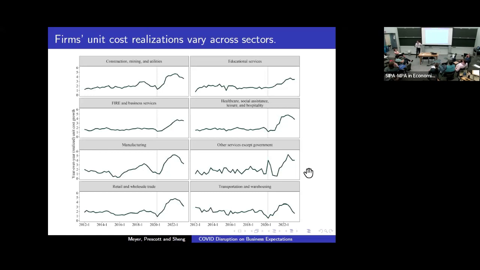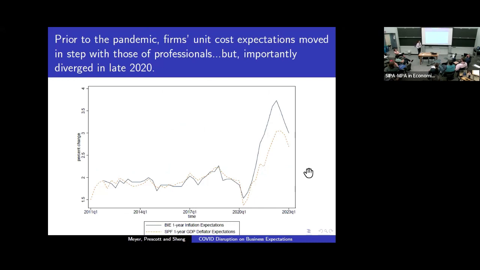So this is in terms of perception over the last 12 months. Then we move to the year-ahead expectations. You see before the pandemic, firms' year-ahead unit cost expectations almost go hand in hand with the year-ahead GDP deflator expectations from the US SPF, the Survey of Professional Forecasters, provided by Philadelphia.